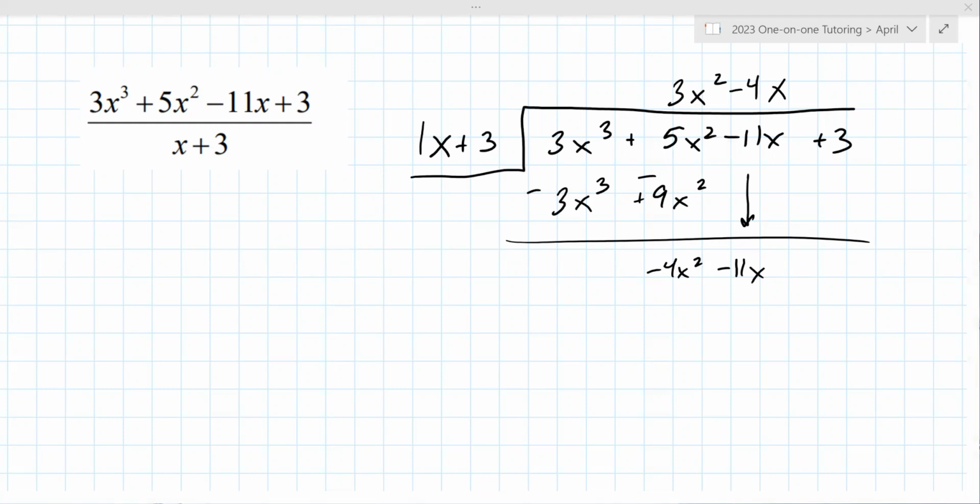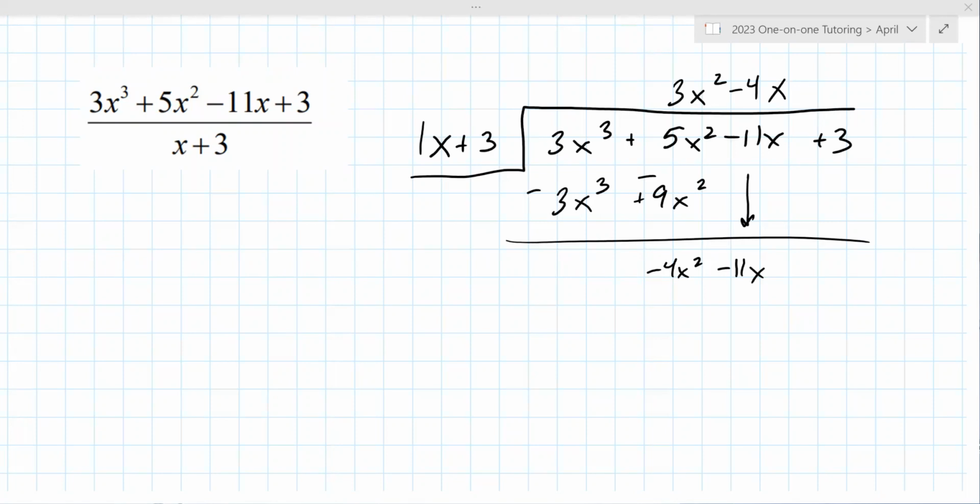And then I bring down the plus 3 now? Well, you multiply the negative 4x times the x. Oh, I forgot about the plus 3. Yes. So negative 4x times x would be negative 4x squared, and then it turns to 0.